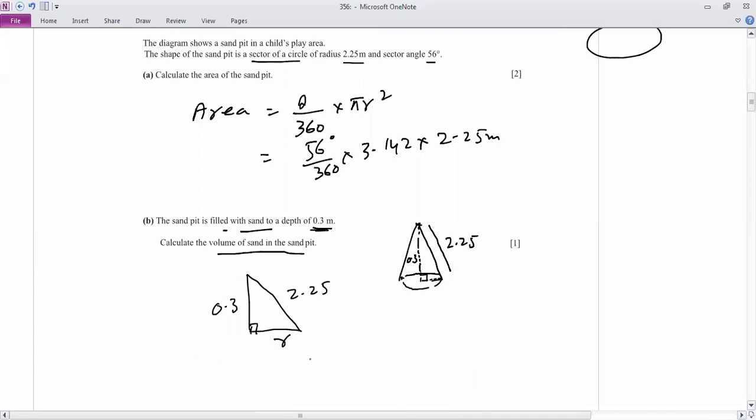If you are finding any side other than the hypotenuse, then that side will always be equal to hypotenuse squared minus the other side squared, 0.3 squared. Please calculate and let me know.